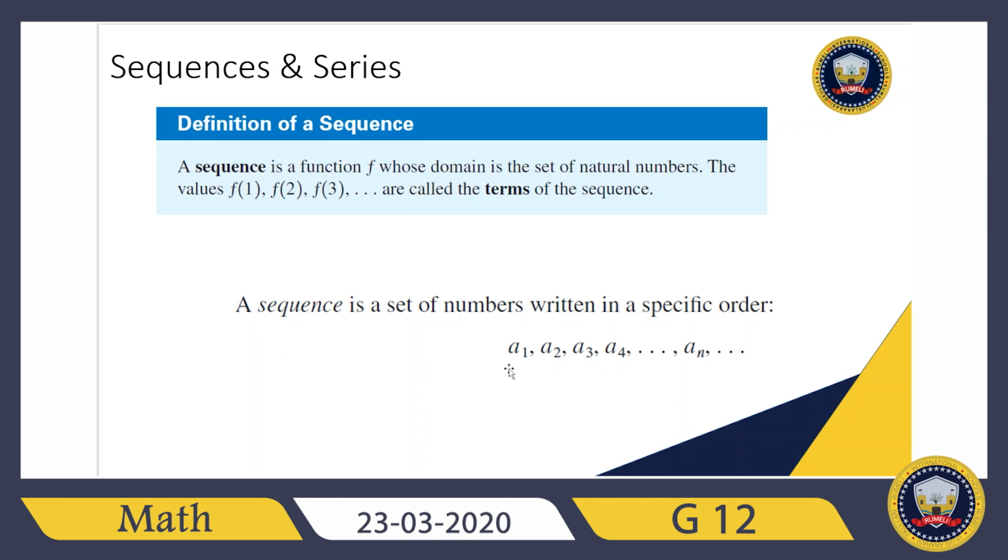In this case we have the first number a1, the second a2, a3, a4 and an. Each one of these numbers we call a term of the sequence.